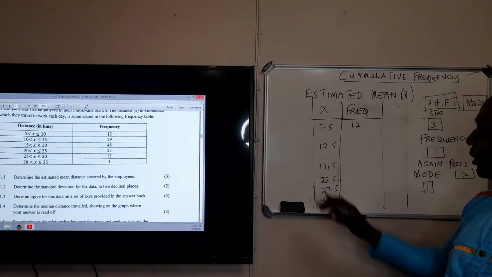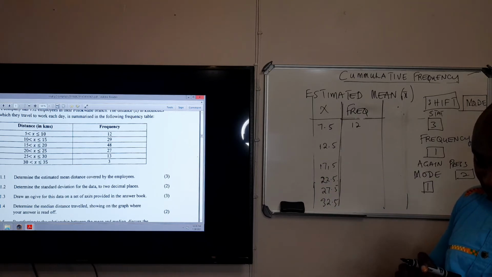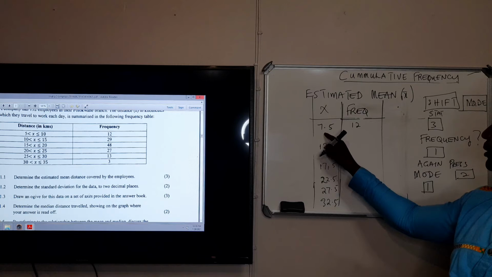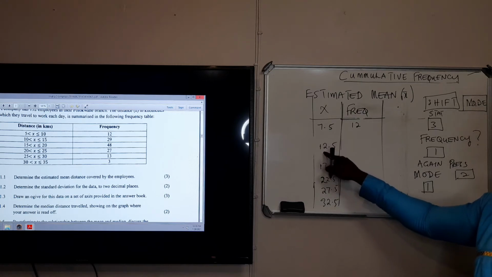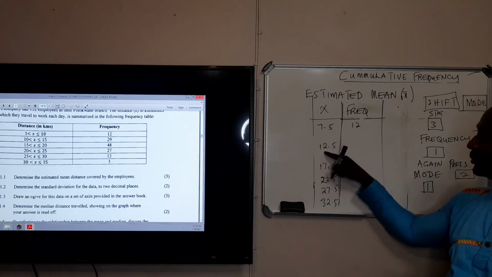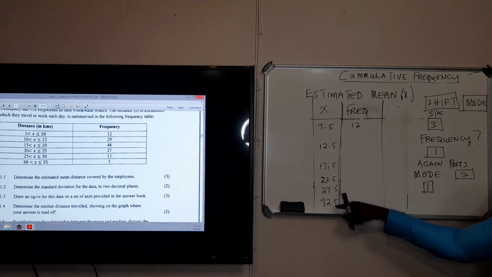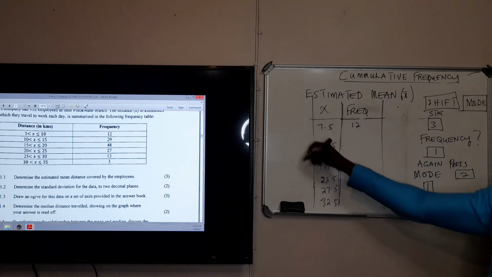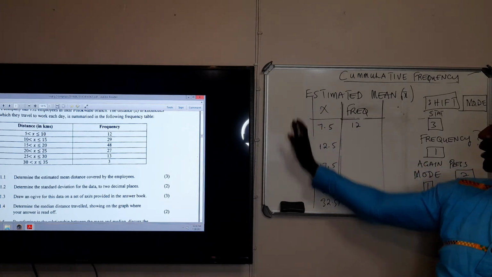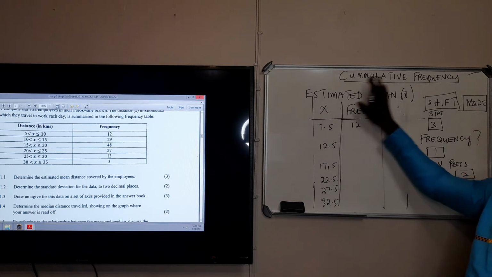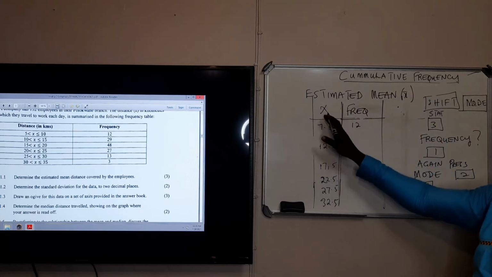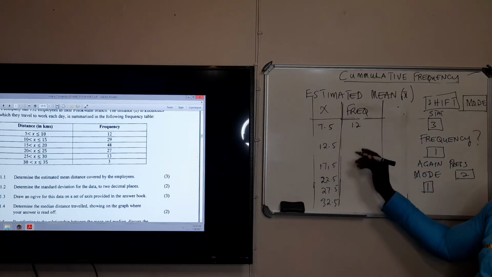Because you already have the table for X, it's 7,5, then you press the equal sign, it will come here. 12,5, you press equal sign, it comes here. 17,5, you press equal sign, up to 32,5. You press your equal sign and you capture the X value. When you set your calculator in the frequency mode, you capture X and then the frequency numbers.